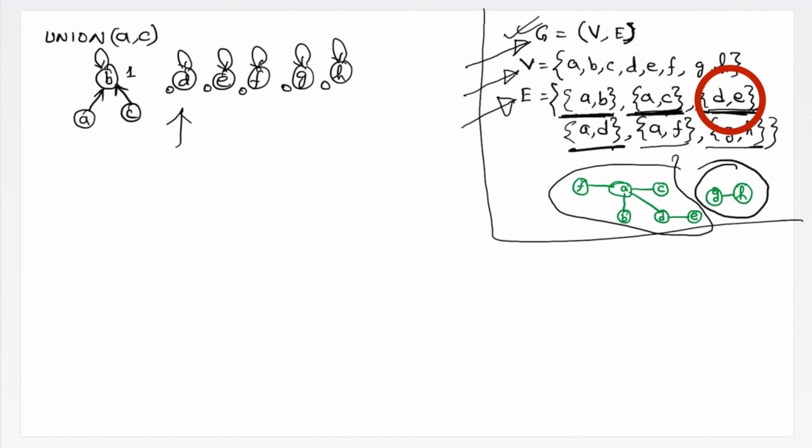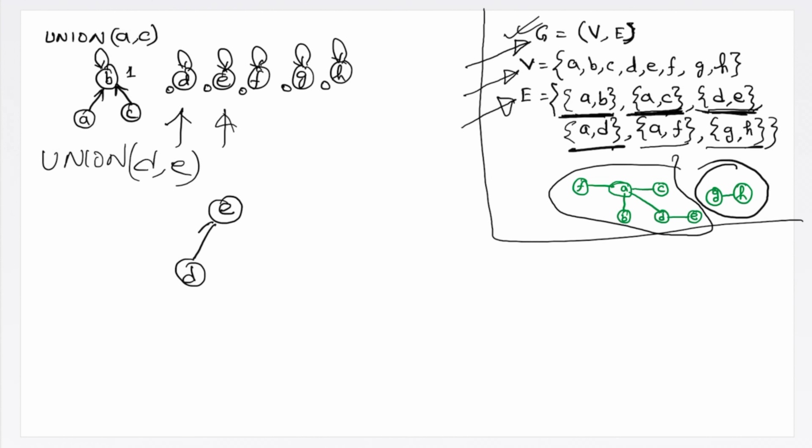D is in this tree and E is in this tree. So when we combine these using union D, E, we will have the following outcome. That is, E will become the root and D will become the child. The rank will become 1, since the rooted trees of the previous stage had 0 rank.